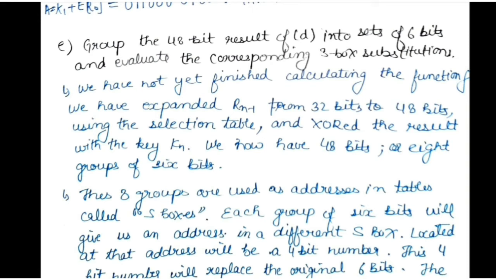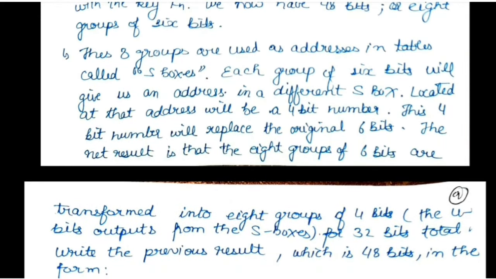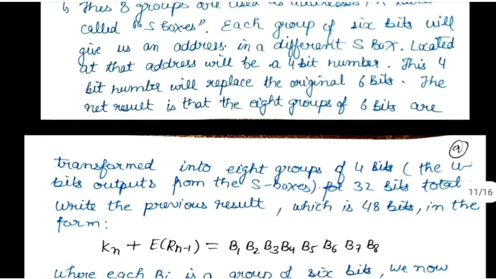Thus the 8 groups are used as addresses in the tables called S-boxes. Each group of 6 bits will give us an address in a different S-box. Located at the address will be a 4-bit number. This 4-bit number will replace the original 6 bits. The net result is that the 8 groups of 6 bits are transformed into 8 groups of 4 bits.